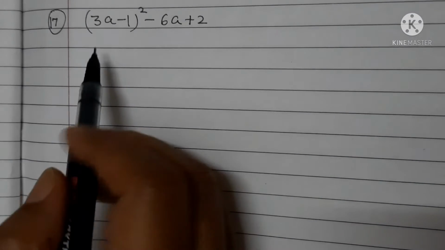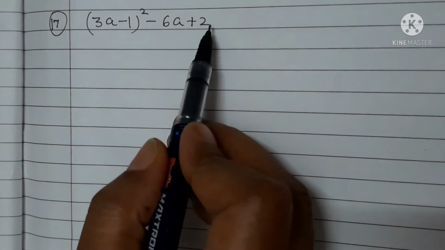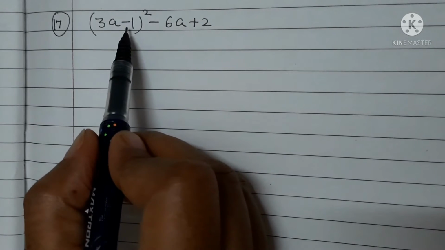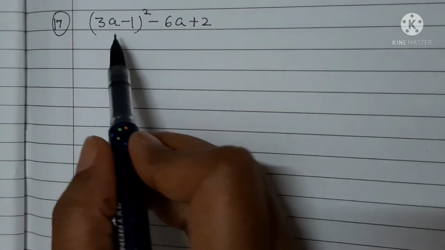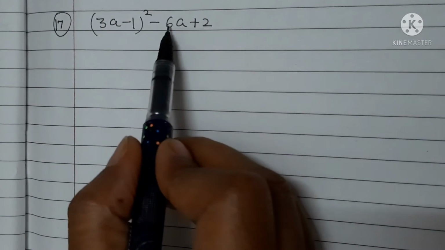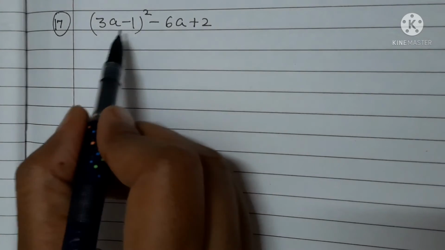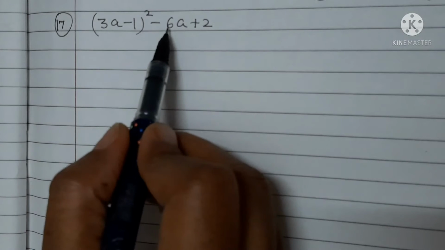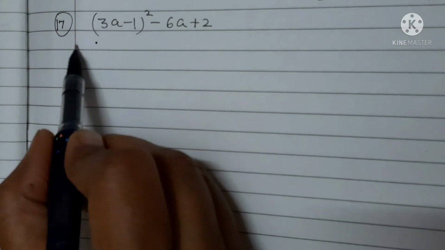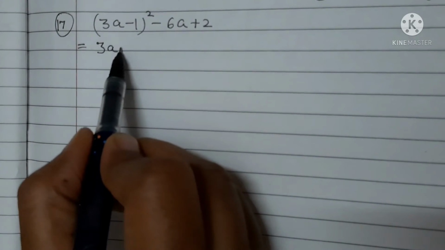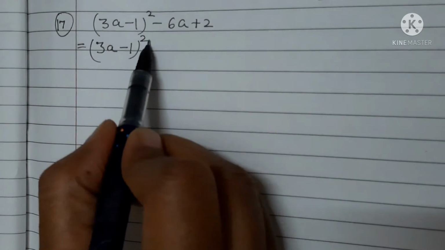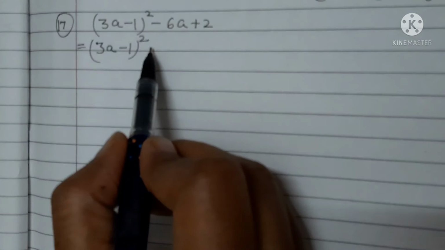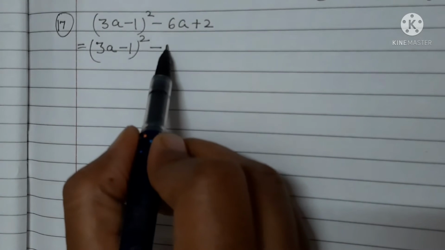Now question number 17, 3a minus 1 whole square minus 6a plus 2. Here no need to open this whole square. You can take common from these 2 terms and make the same as 3a minus 1, this term. So write down here 3a minus 1 whole square and take 2 as common, or you can say minus 2.